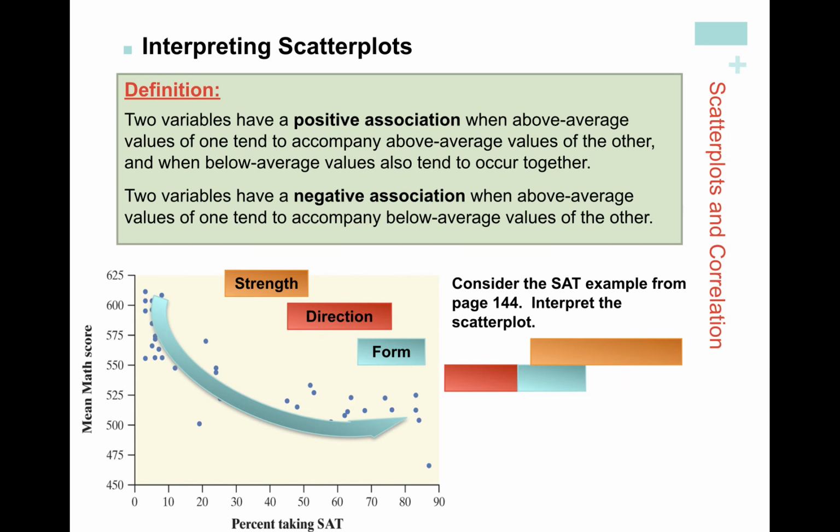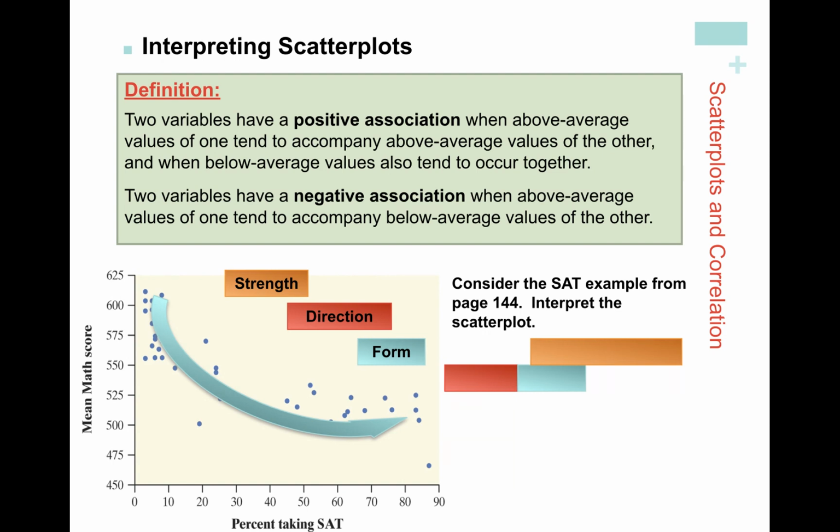So what about these dots? This is an SAT example from page 144. This does not correlate to your textbook. This is actually from TPS 4E. But I believe that we also have this same example of the SAT results, right?